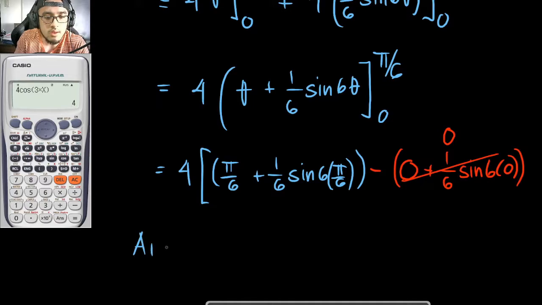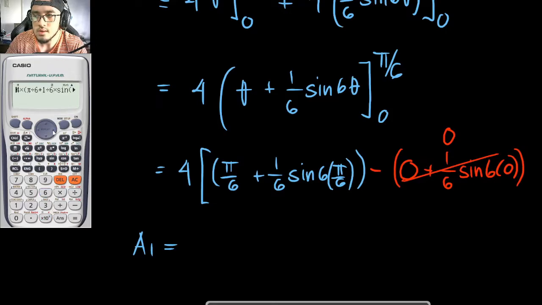So A1 is now equal to, looking at the calculator to your left, 4 times pi over 6 plus 1 over 6 times sine 6 times pi over 6.